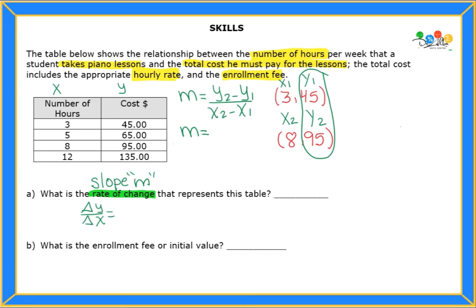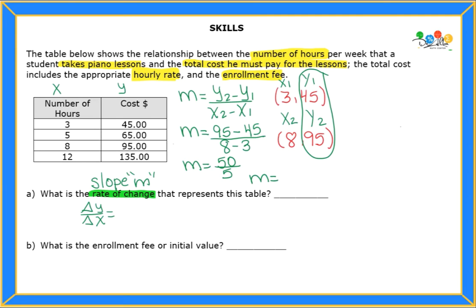Let's continue. Y sub 2, it's a 95, minus y sub 1, which is 45. All of that divided by 8 minus 3. If we subtract 95 minus 45, we get 50, over 8 minus 3 is a 5.